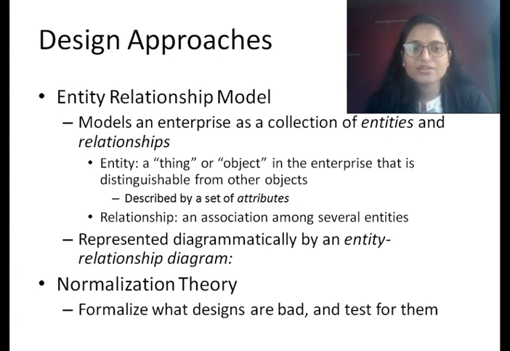Then, entities describe a set of attributes. One entity describes multiple attributes. Suppose student is one entity. In that student entity, student ID, name, and marks are the attributes of that student. Again I repeat, suppose I want to create one entity named student, having 100 records of students in that entity.